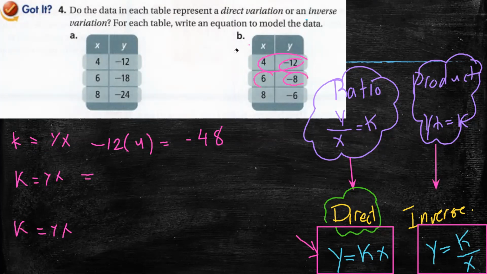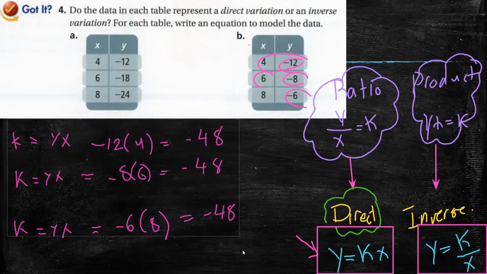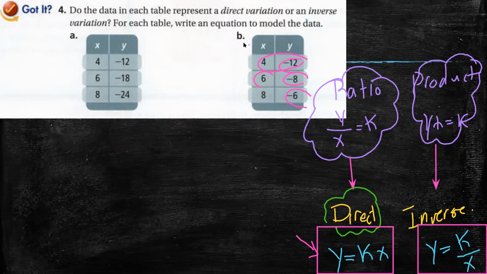Negative 8 times 6 also is negative 48. And negative 6 times 8 is negative 48. As you see, the product of each two variables, y and x, is constant. Since the product is constant, this will be an inverse.